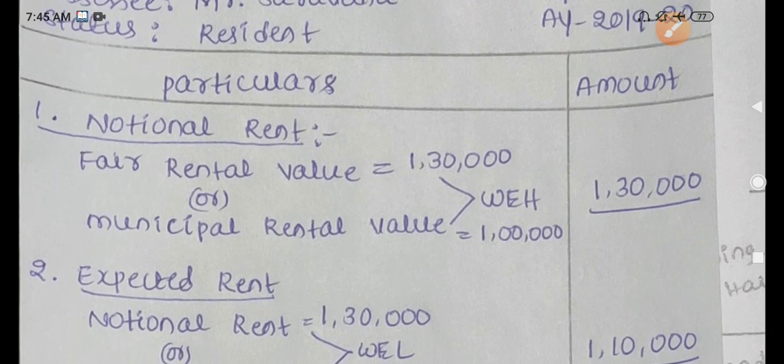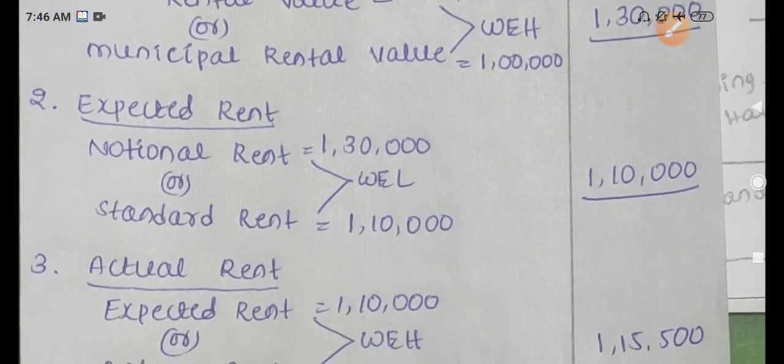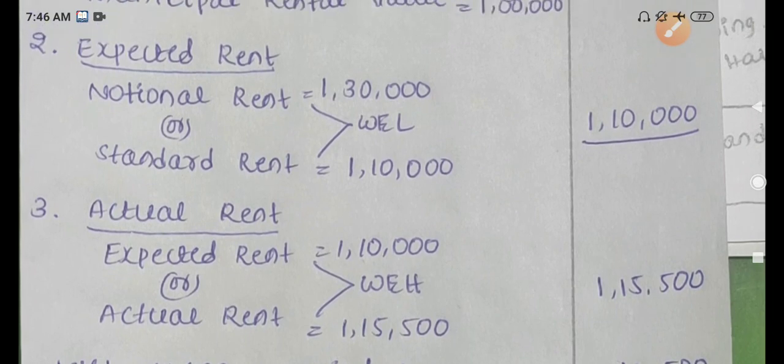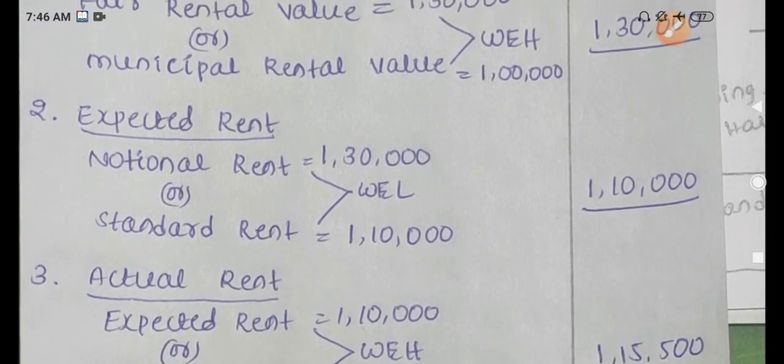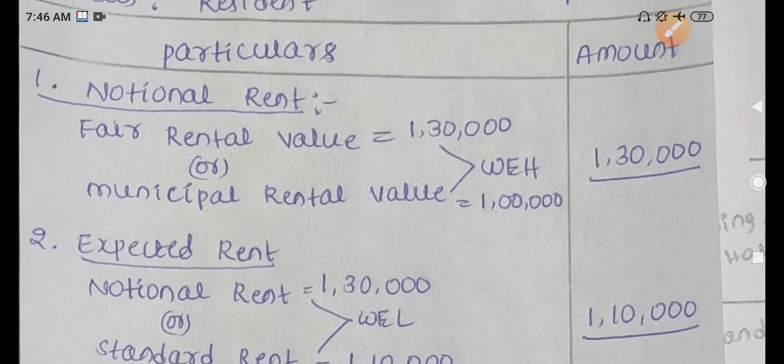See, in the answer, we already know that in order to calculate gross annual value, we need to compare 3 things: notional rent, expected rent, and actual rent. First one is notional rent.